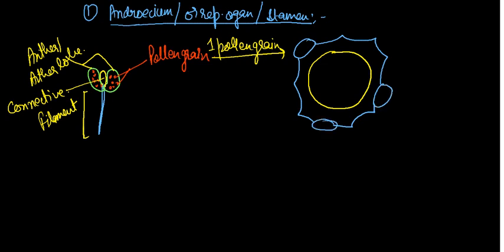This one is the structure of one pollen grain, and inside it two male gametes are present.